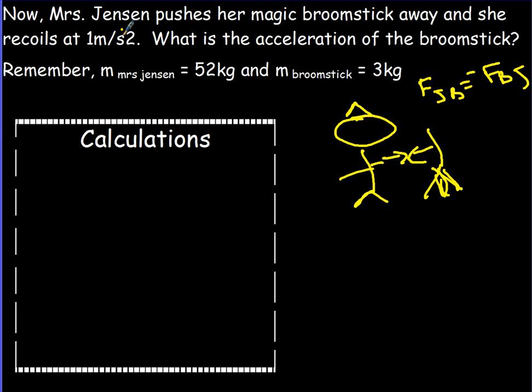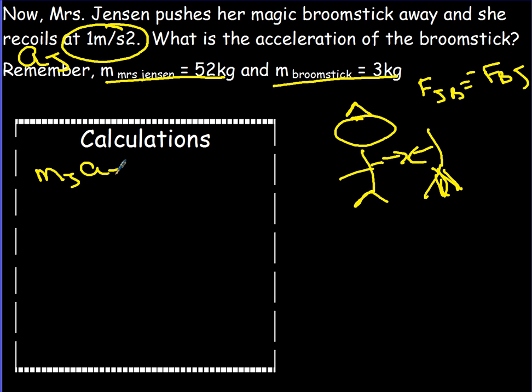Now, Mrs. Jensen recoils at 1 meter per second squared. So the acceleration of Mrs. Jensen is 1 meter per second squared. Mrs. Jensen's mass is 52 kilograms, and the broomstick has a mass of 3 kilograms. Action-reaction pair, we're not going to worry about the negative sign, tells us the force of Mrs. Jensen on the broomstick is equal to the mass of Mrs. Jensen times the acceleration of Mrs. Jensen.